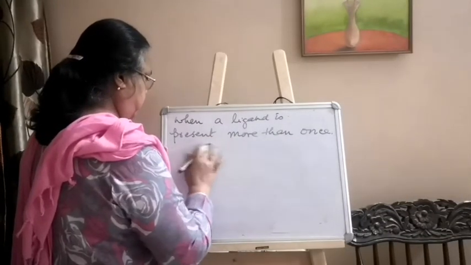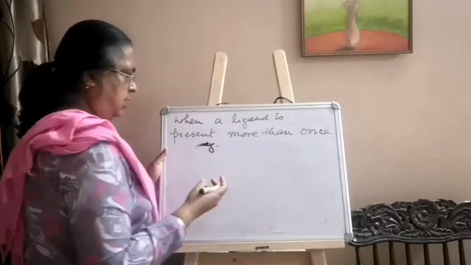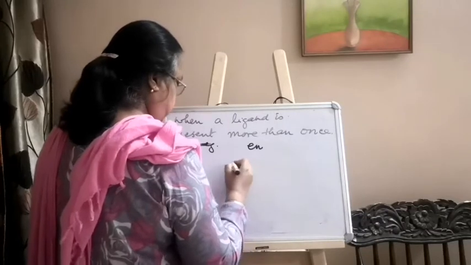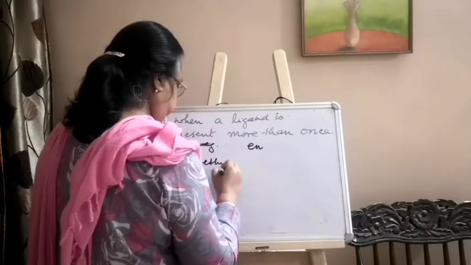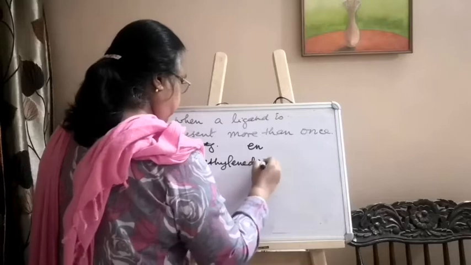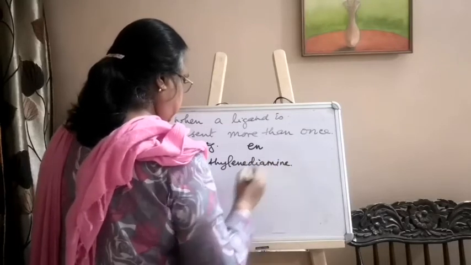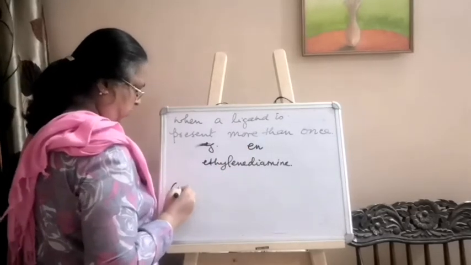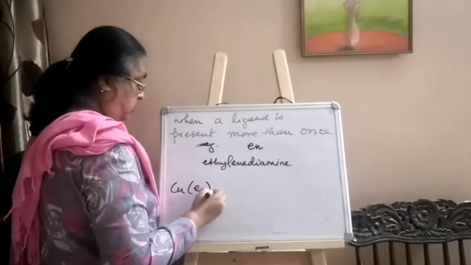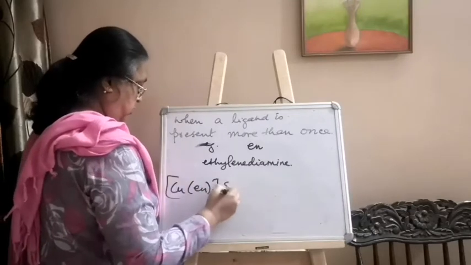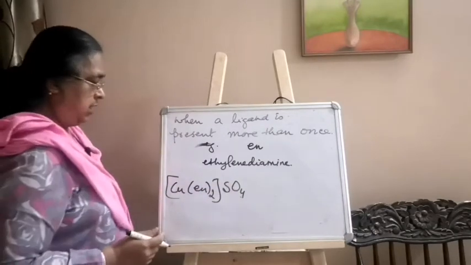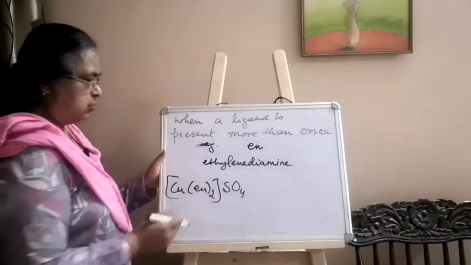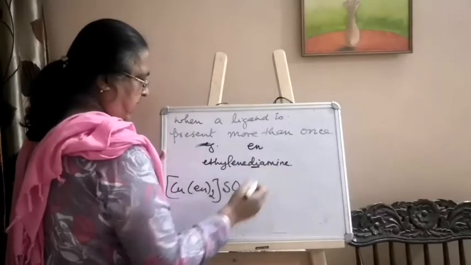Now this was the first example. For the second example, take a ligand like en. What is en? En is ethylenediamine. This is en, a ligand. You can take Cu(en)2SO4, a compound. Here the ligand is en and en is used 2 times. As you see, in the name itself the term di is there.